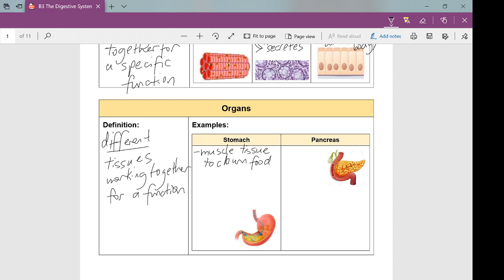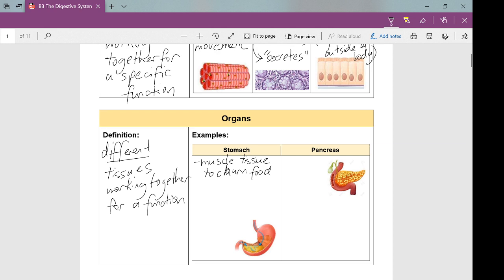That says churn. I want you to have a think about what other tissue it's going to have. Think about what the stomach does. So what type of tissue do you think it's going to have? If you thought that it might have glandular tissue, that would be correct.